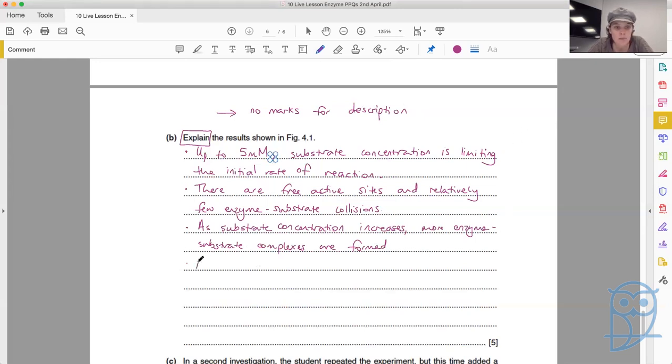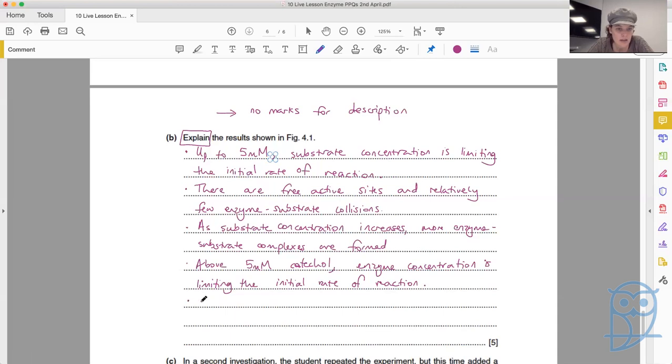So above 5 micromoles, about 5 micromoles of catechol, enzyme concentration is limiting the initial rate of reaction.